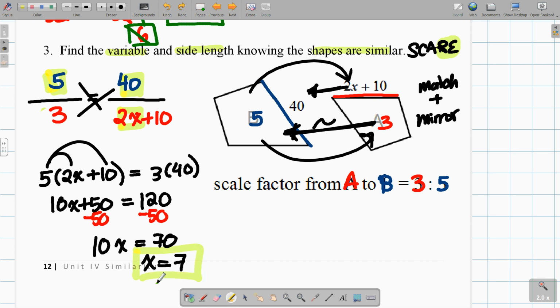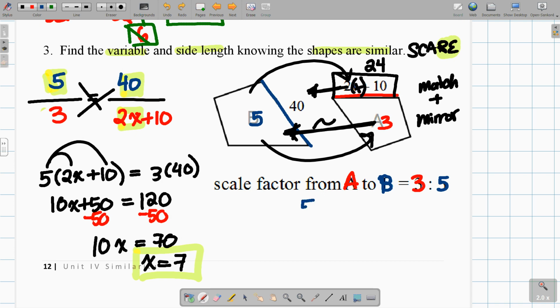What's really nice is you don't have to be left wondering whether or not your number is correct. If we think our number is 7, we're going to plug it in over here. So 2 times 7 is 14 plus 10, that's 24. Let's check our ratio.